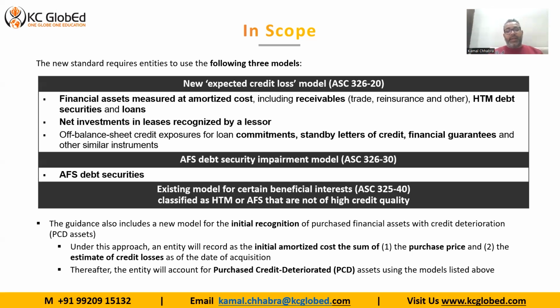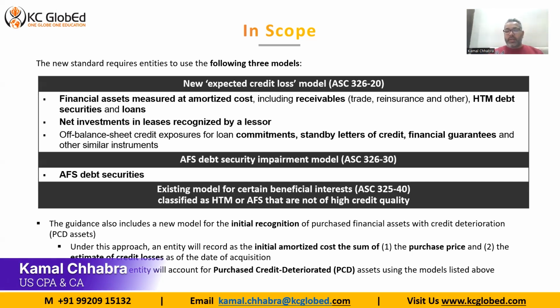Thereafter, the entity will account for purchased credit deteriorated assets using the models listed above. So at a high level, just keep in mind what is in scope; initial recognition and subsequent recognition we'll be discussing in more detail. But as of now, from this slide, just keep in mind what is in scope of ASC 326. Any doubt here?